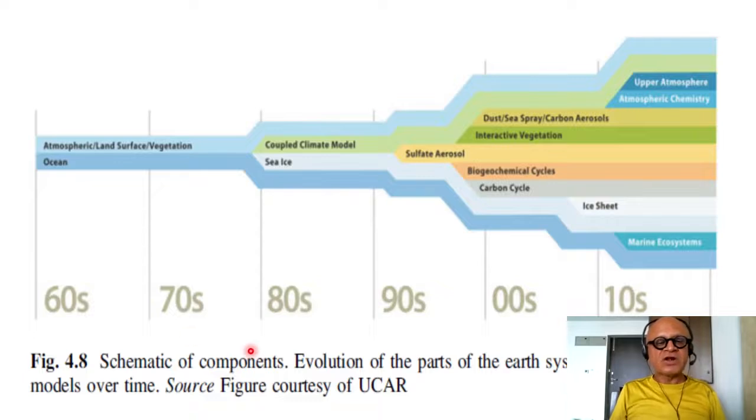Okay, so let's start with a simple schematic of the history of how models have evolved. We will look at this again a little bit later when we couple the models back together. So in the 60s, GFDL was a hotspot with Syukuro Manabe, who just won the Nobel Prize, and Kirk Bryan.